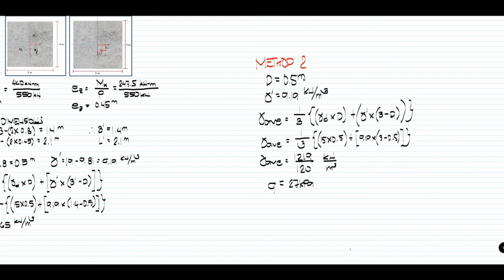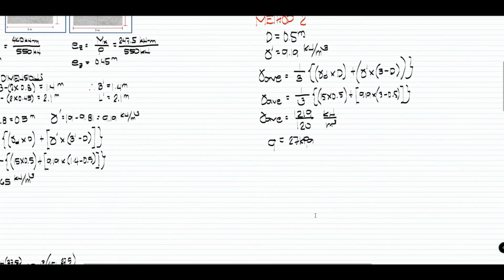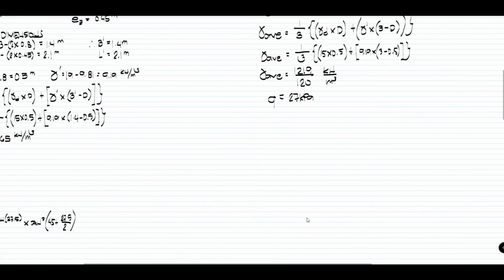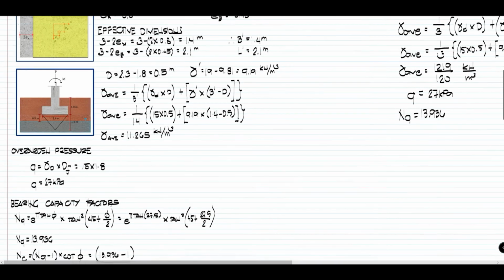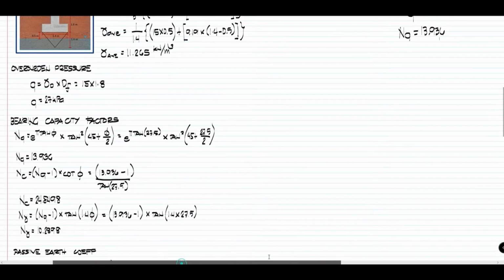Next, yung bearing capacity factors, hindi din yan magbabago kasi hindi naman nagbago yung ating angle of internal friction. So that is just NQ, which is 13.936. So double check natin yung value. So 13.936.